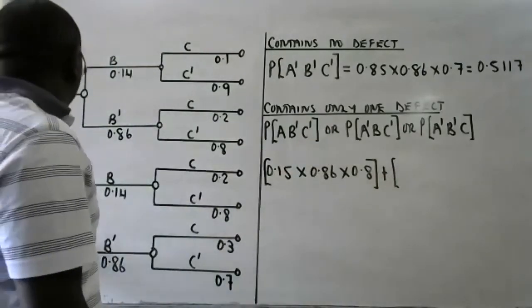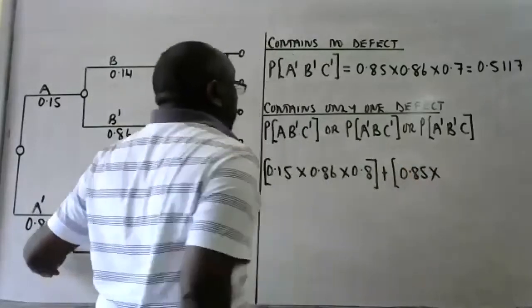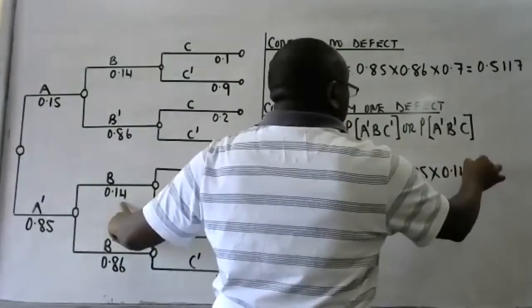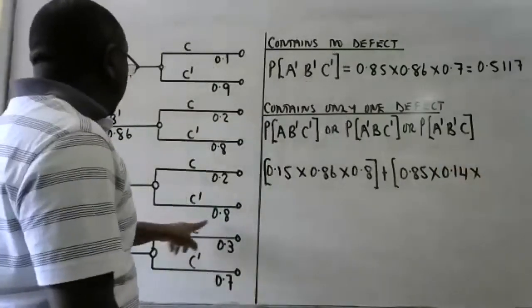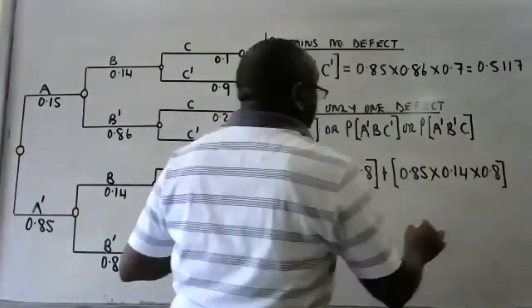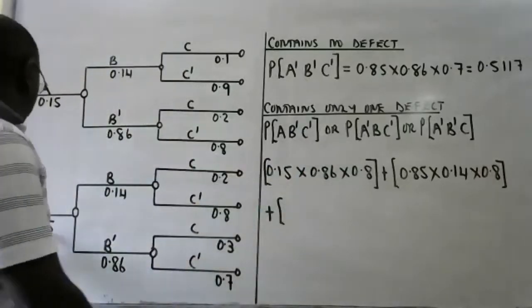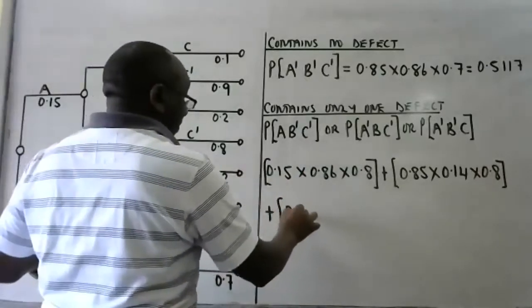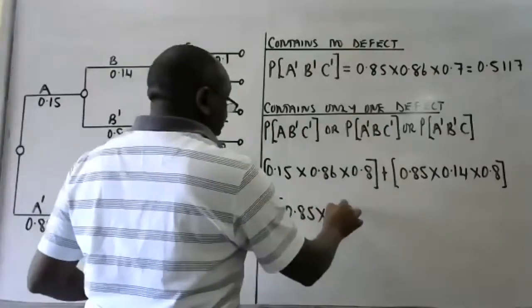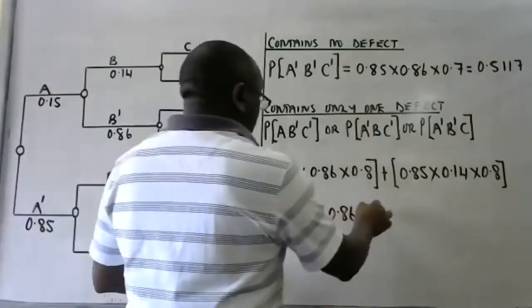So plus not A 0.85 multiplied by B 0.14 multiplied by not C 0.8, plus not A, that is 0.85, times not B 0.86 times C 0.3.